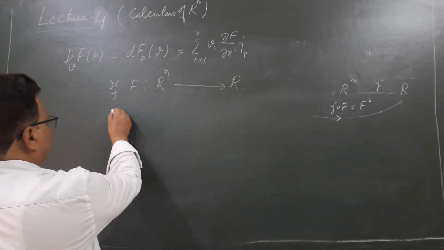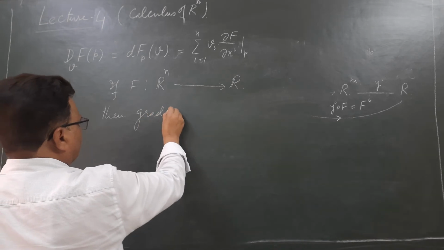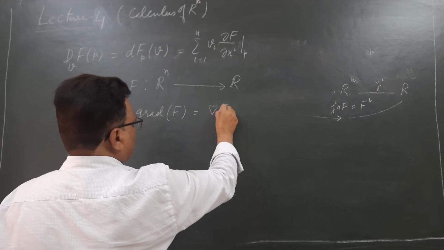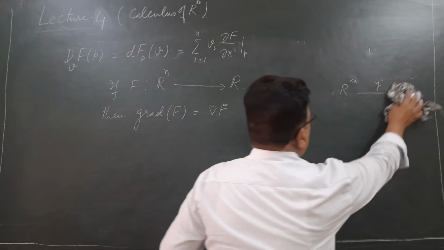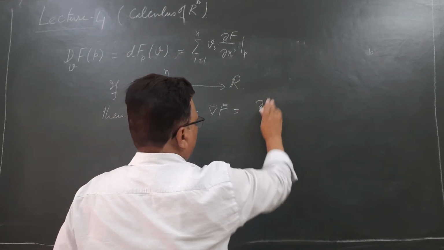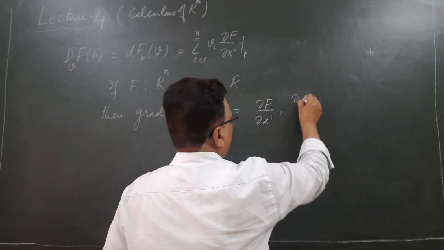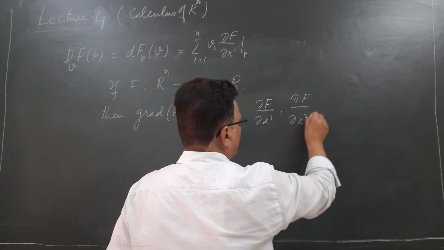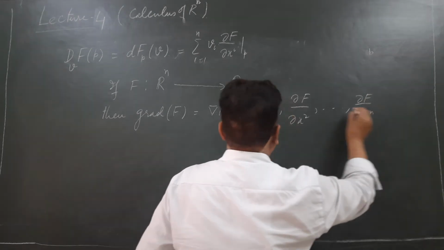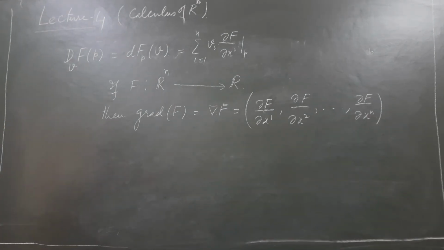So gradient of f, or we also say del f, is a vector of Rn, and this vector is given by del f upon del x1, del f upon del x2, del f upon del xn. Whatever point you are choosing, these are the partial derivatives over there. It is called gradient of f.